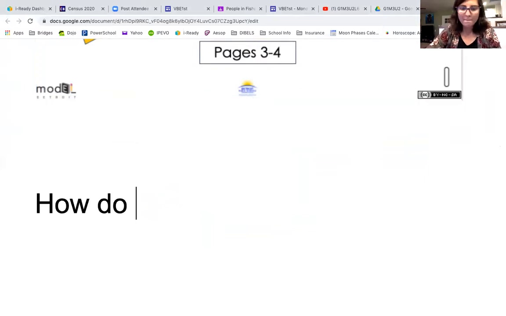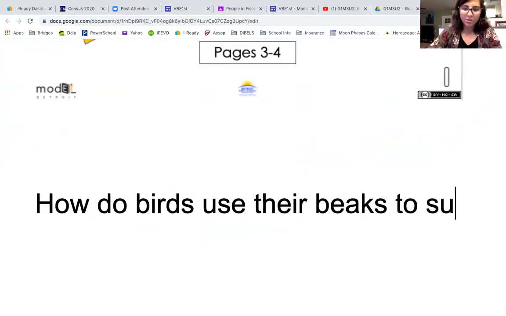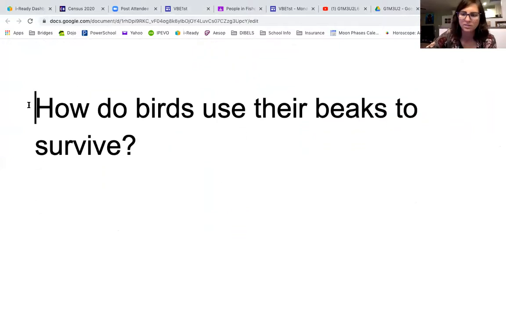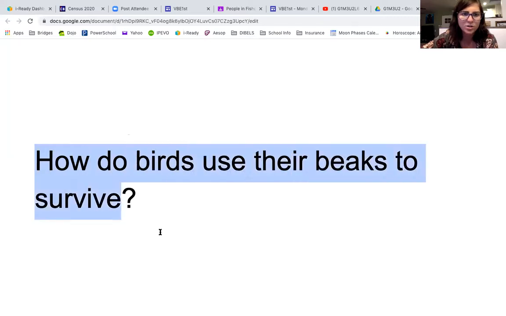How do birds use their beaks to survive? Look at this question. How do birds use their beaks to survive?